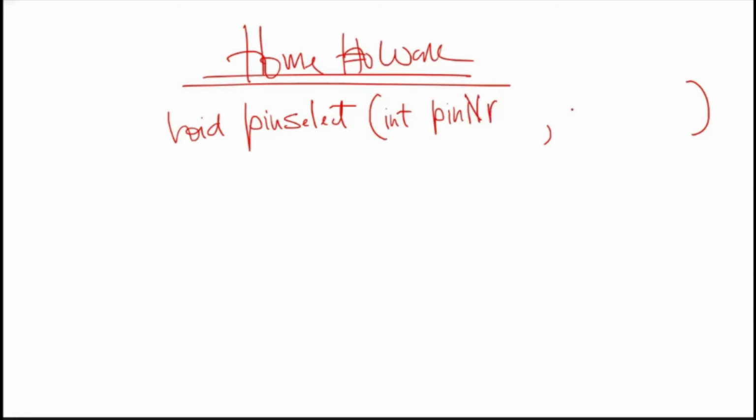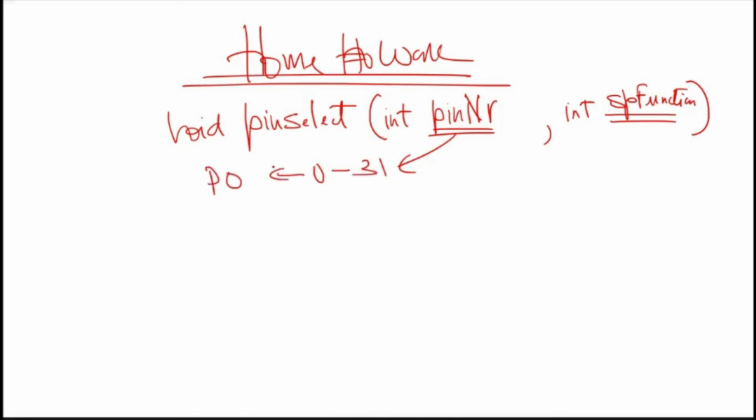The second parameter is the special function. The pin number should have values of 0 to 31 for port 0, and 100 to 131 for port 1. So accordingly, you deal with this internally. The special function can have 4 values: 0, 1, 2, and 3.